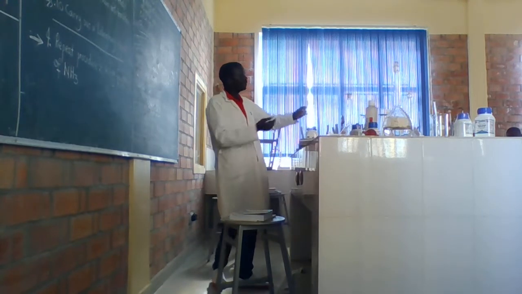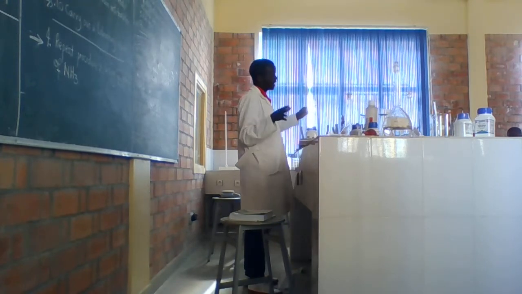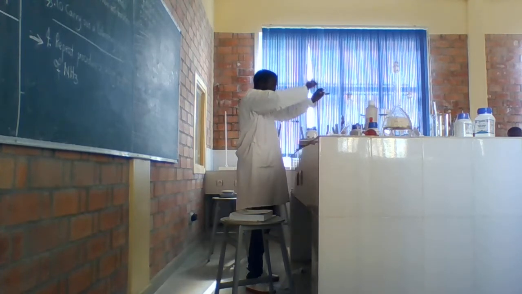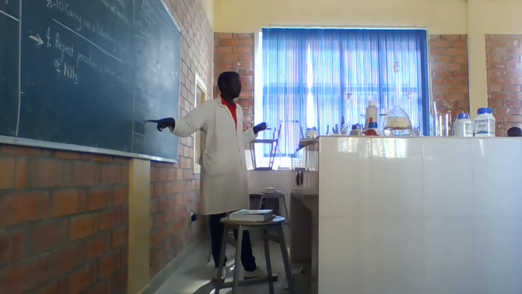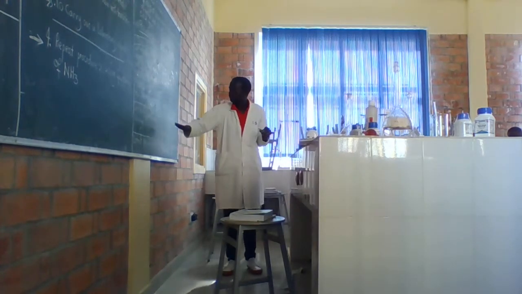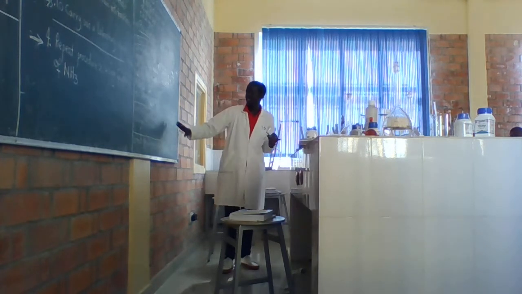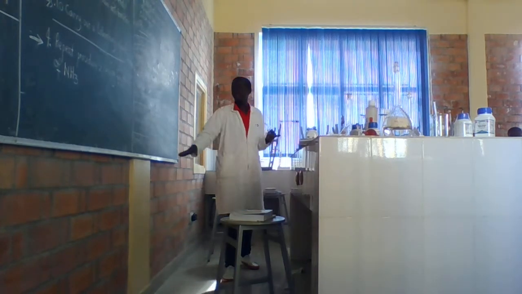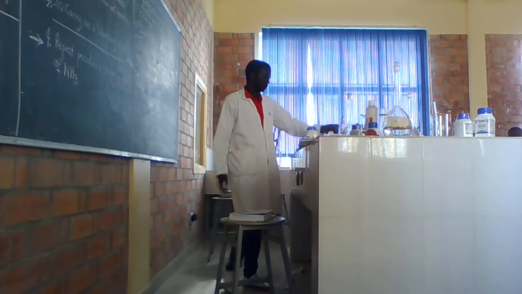For example, if I have a solution which can be oxidized by air, I can observe the changes before and then after 1 minute. Then you write the observation. If there is no change, you write no change. For the deduction, you write the cation present. And then you write the possible ionic equations as obtained.